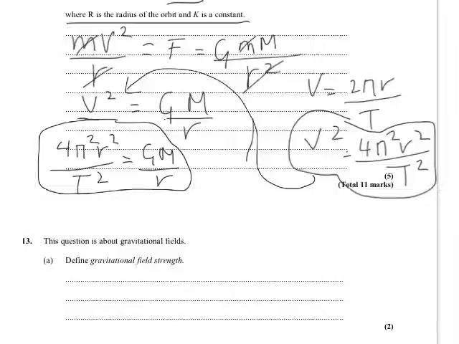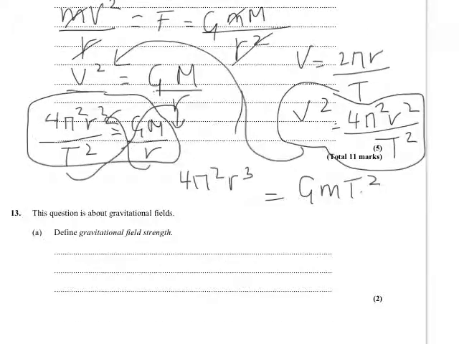Now, let's rearrange it to put all of our radiuses on one side and period on the other. So we're going to bring that over up here, and we're going to take that over there. Okay, so you get this expression now, 4 pi squared r cubed equals GMT squared.